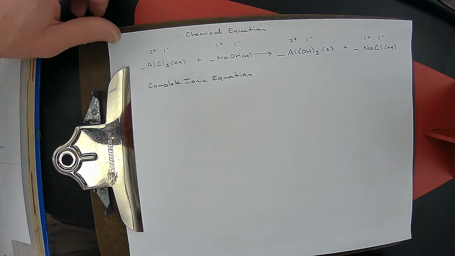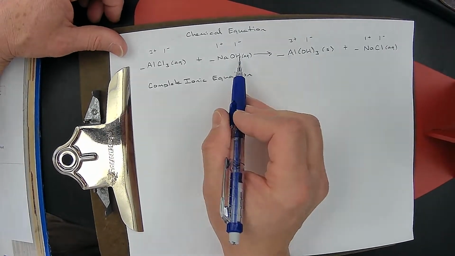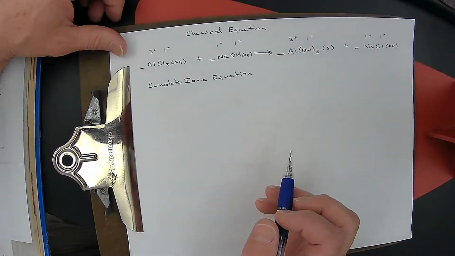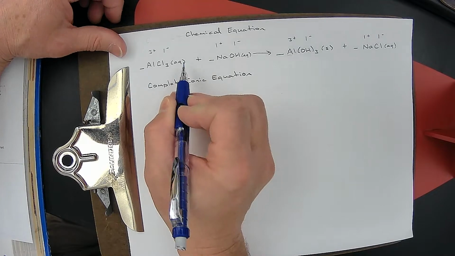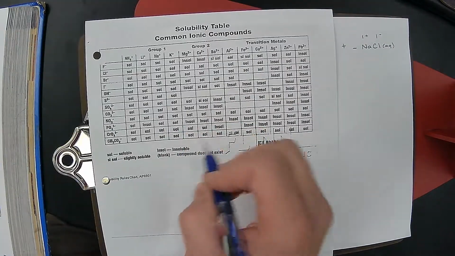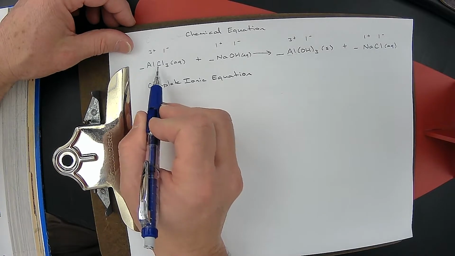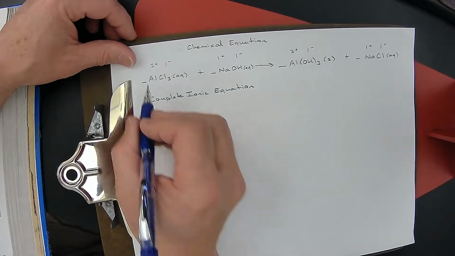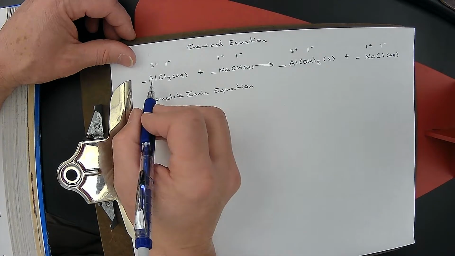The complete ionic equation shows all of these substances as they exist in the reaction. What that means is if it says aq on the end, which means it was soluble, then it really isn't as this substance indicates. It is separated into its individual ions in solution.